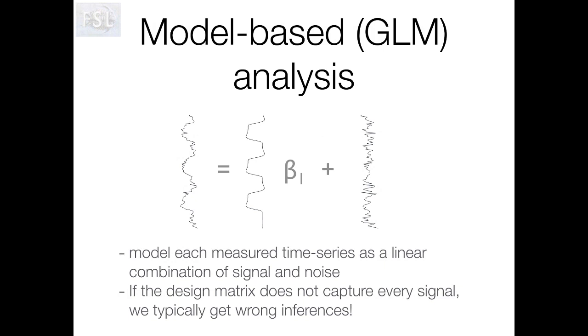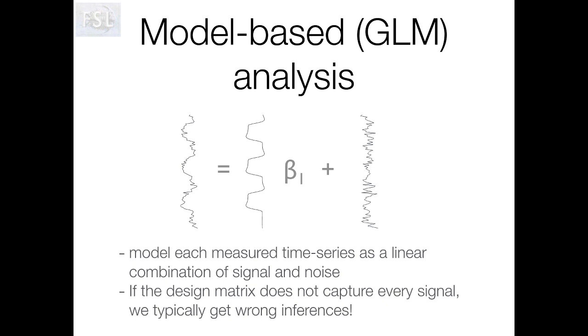As we've already seen, for a task-based fMRI analysis, we start by setting up a design matrix, which contains explanatory variables, or EVs, that define the signals which we expect to see in the brain in response to our experimental stimulus. In a perfect task fMRI analysis, we would know exactly what we expect to find in the data. We encode every possible signal we might see as an EV in our design matrix.